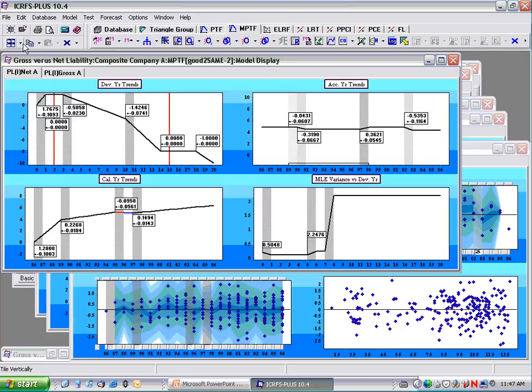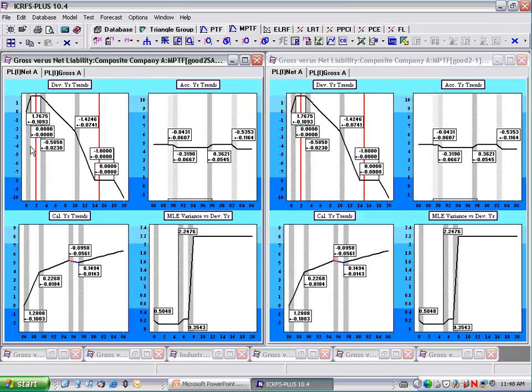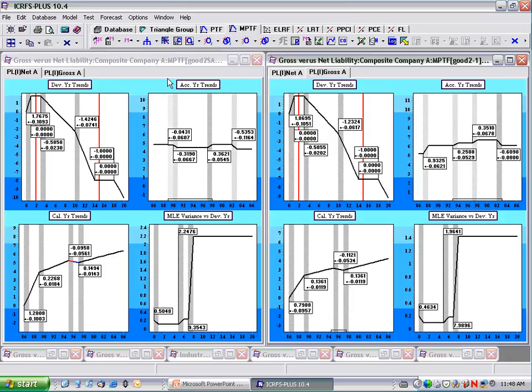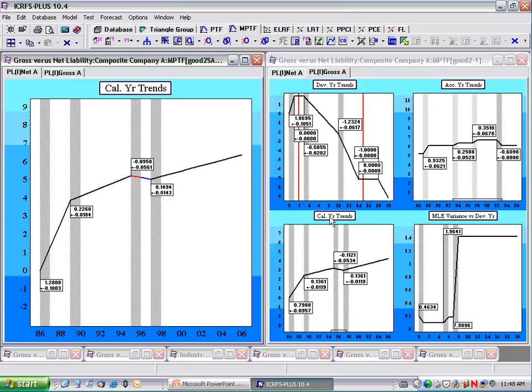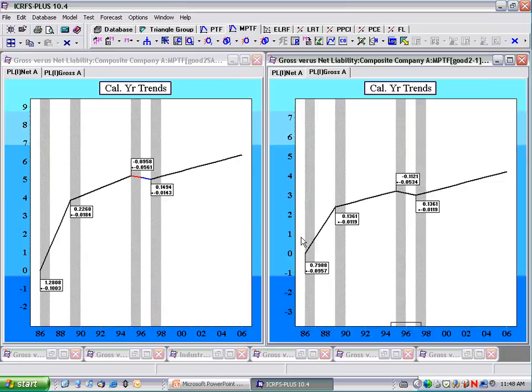So I've run the model twice, so we've got two runs of the same model. On the right side, we'll look at the gross data, so I'll click on the gross tab. On the left side, we have the model structure for the net data. If you look at the trend structure along the calendar years, you can see that it's very similar.